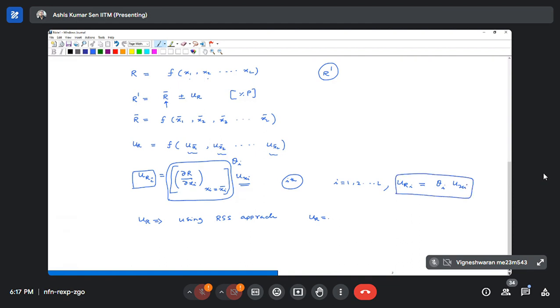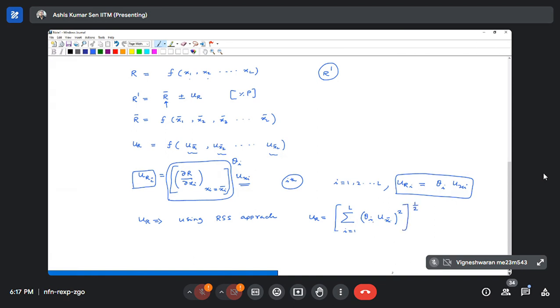Okay, so considering all these i's from 1 to L, you can take a root sum square approach. That means you can write UR equal to the sum over i equal to 1 to L of theta i Uxi, whole square, then square root.